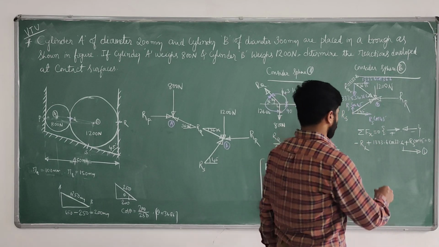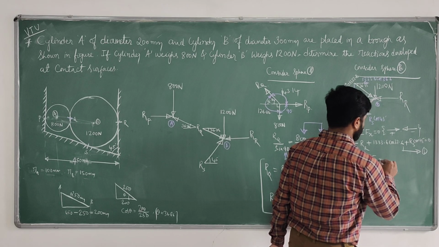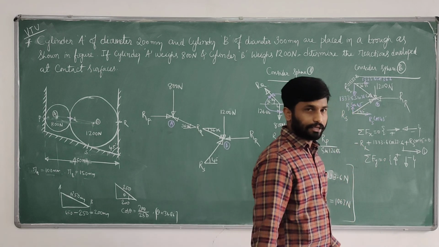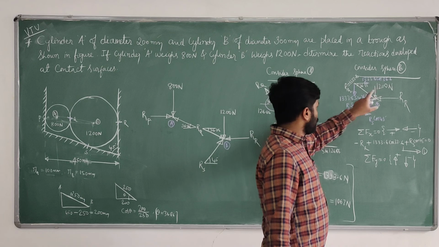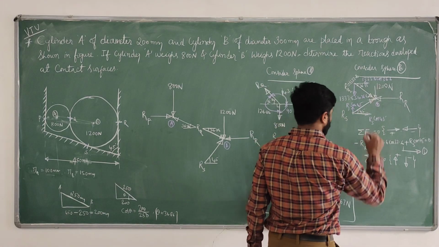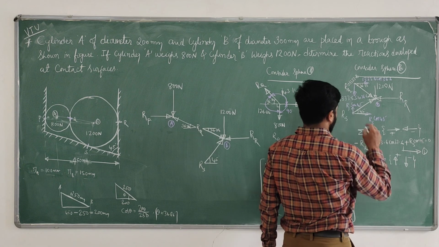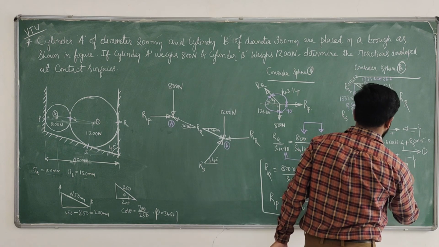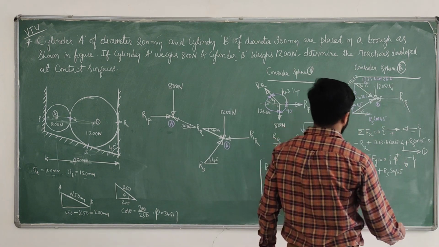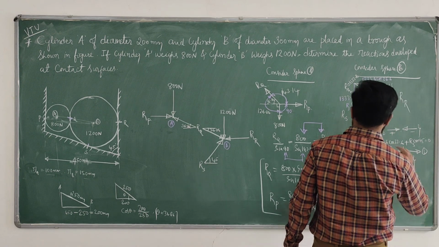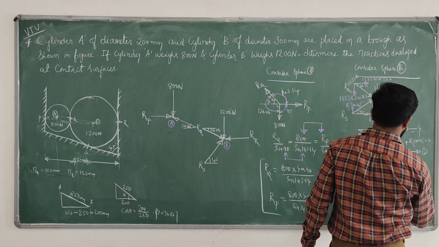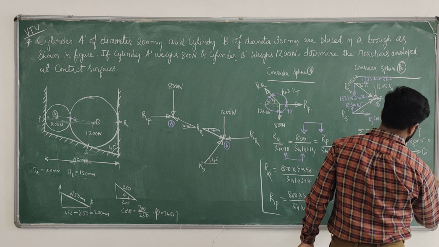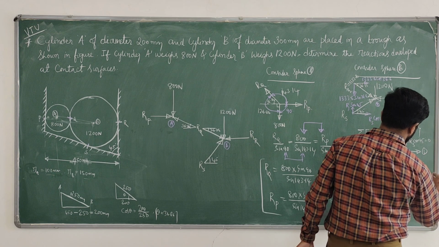Next apply sigma Fy equals 0. For this, all upward forces are positive, all downward forces are negative. Totally, how many vertical forces? 1, 2, 3. So we are getting minus 1200 plus RS sin 45 minus 1333.6 sin 36.86 equals 0.